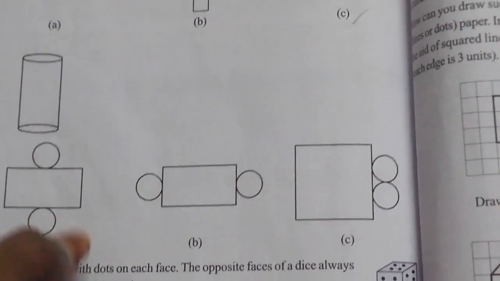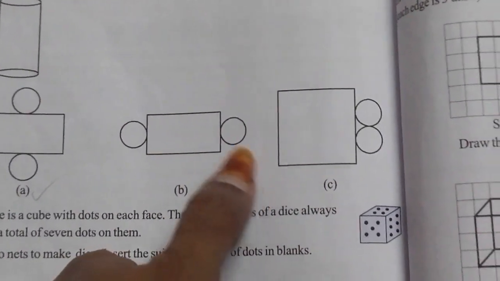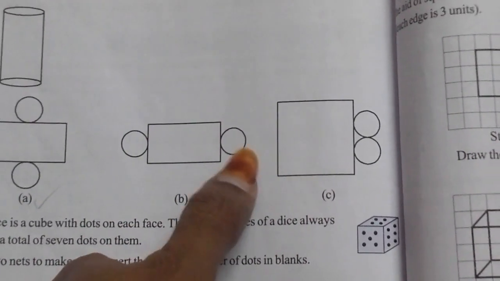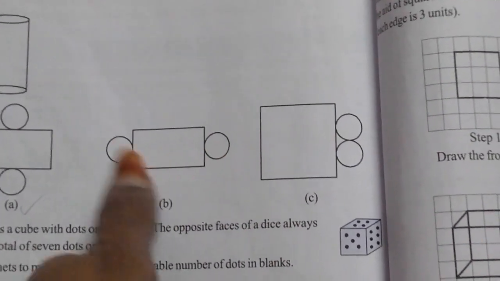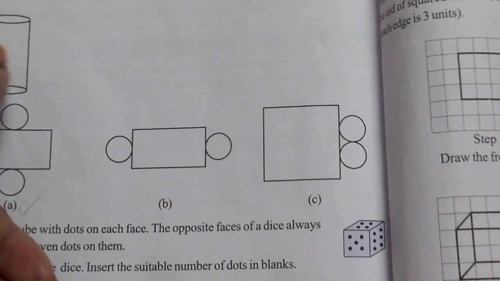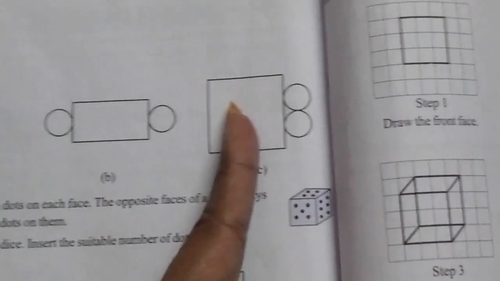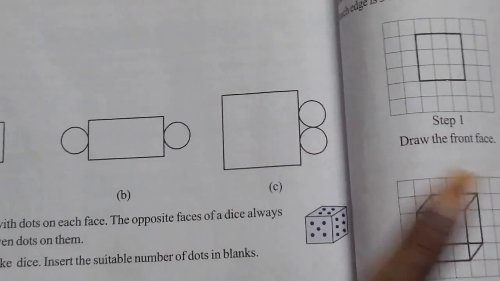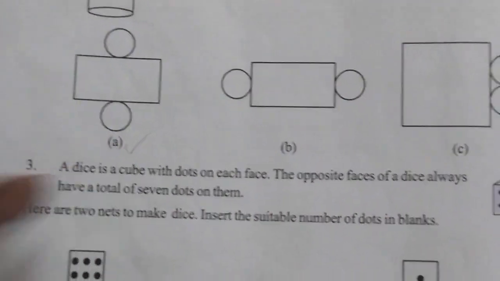So what is formed? A cylinder is formed. Here when you roll, this cannot form a cylinder. Now this part if you take and roll, these two circles will go inside this shape and a cylinder cannot be formed. So the correct option is A.